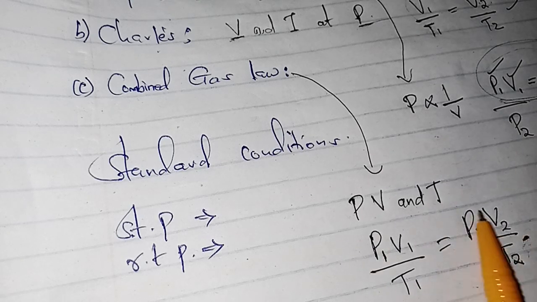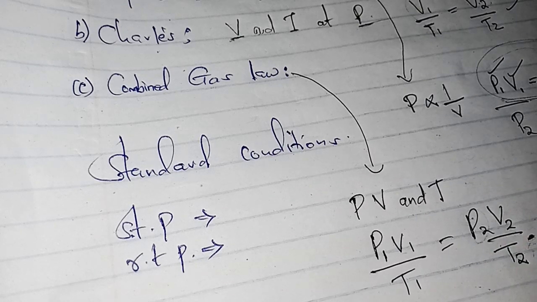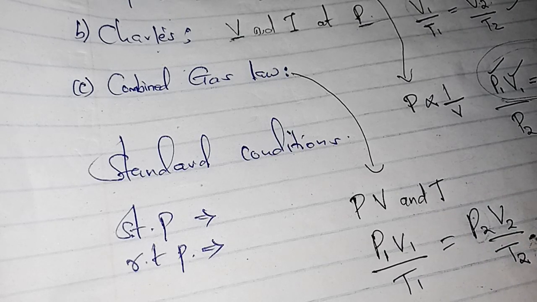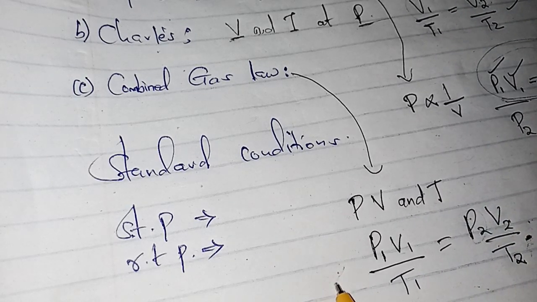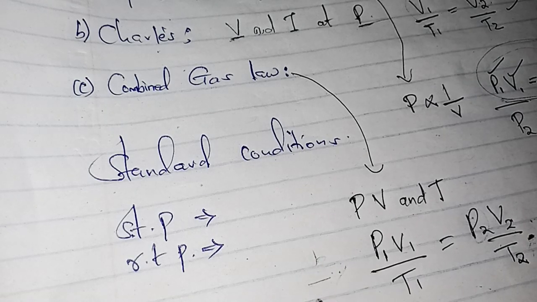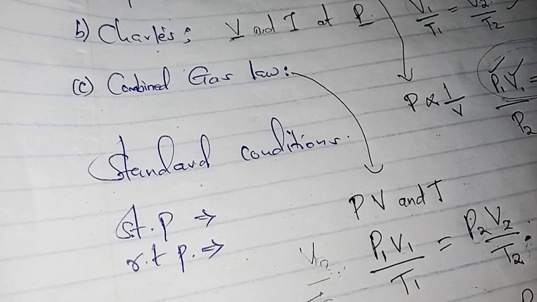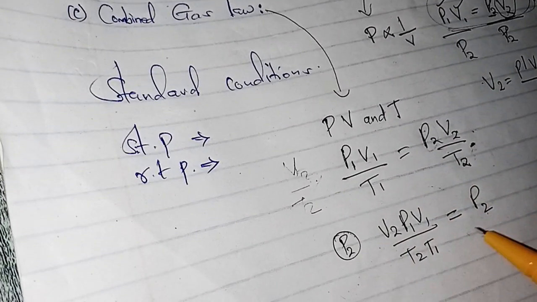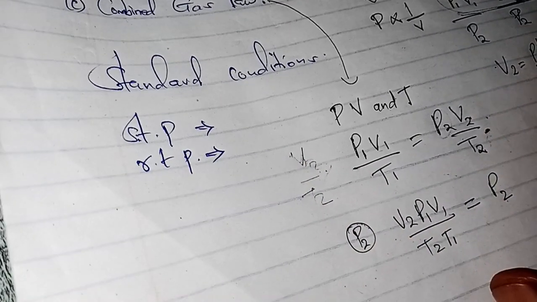If you have been asked for pressure 2, then you multiply both sides by T2 over V2, so that P1 V1 T2 over T1 V2 is equal to pressure 2. You just multiply it here. Hope you are seeing it and can follow like that.